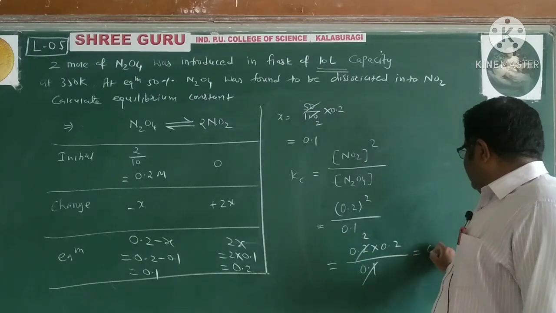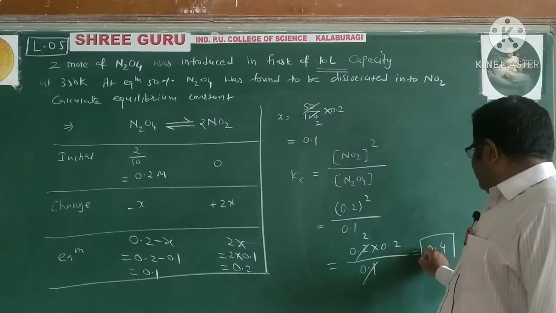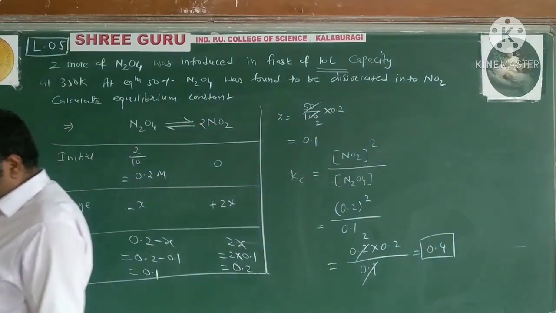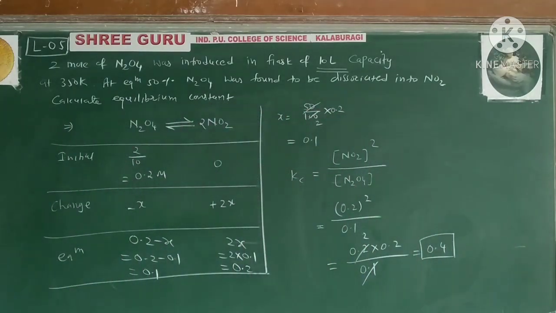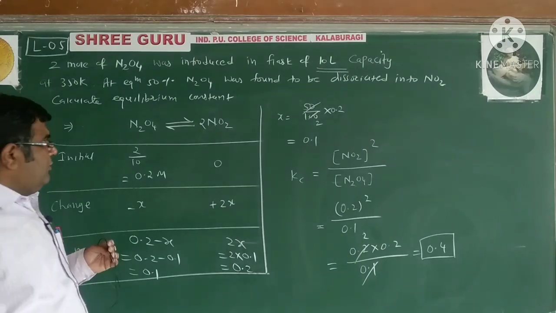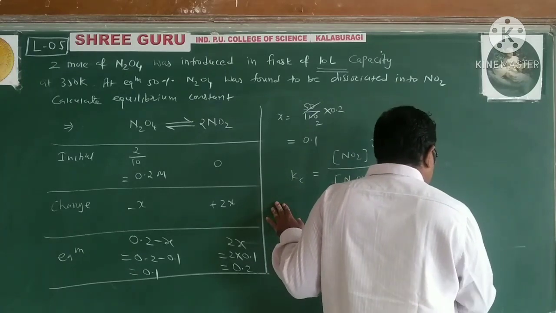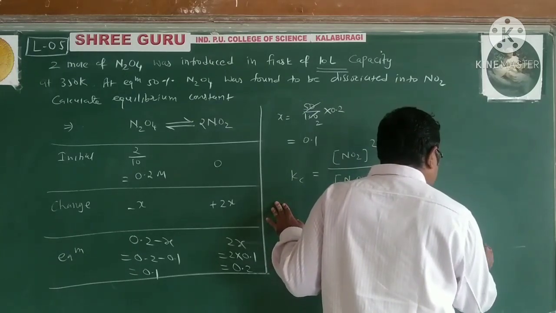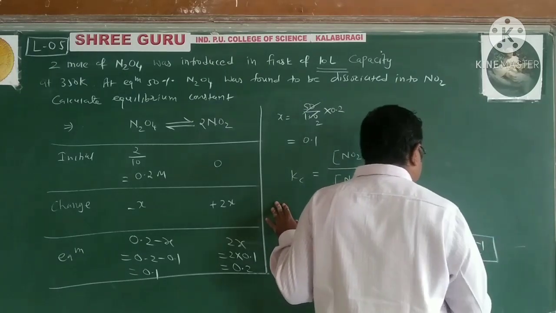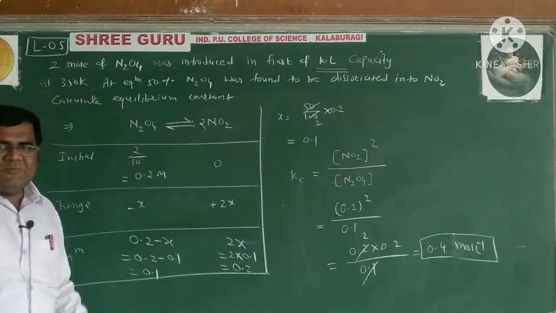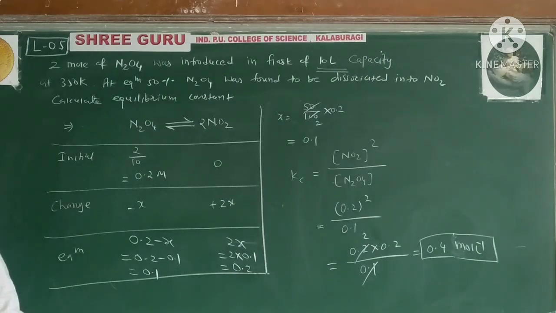This is 2 and this is 0.4. That is the equilibrium constant value for it. What is the unit if you want to give a unit to it? It will be mole per liter raised to delta n. 2 minus 1 is 1, so it is mole per liter. So this is regarding dinitrogen tetroxide.